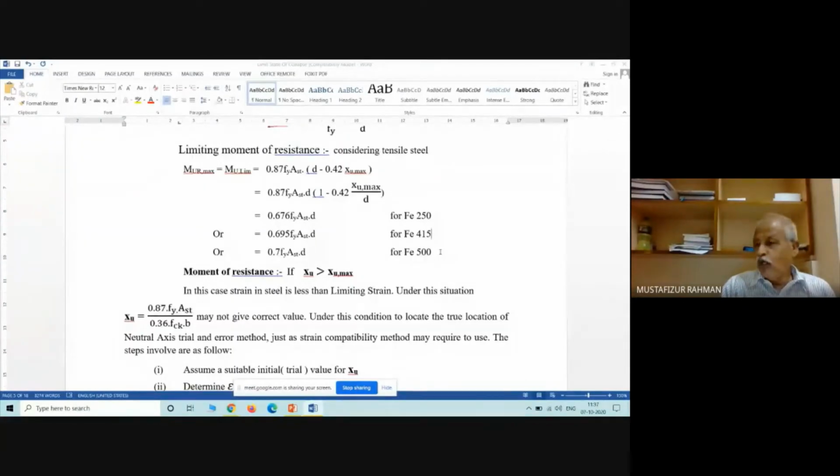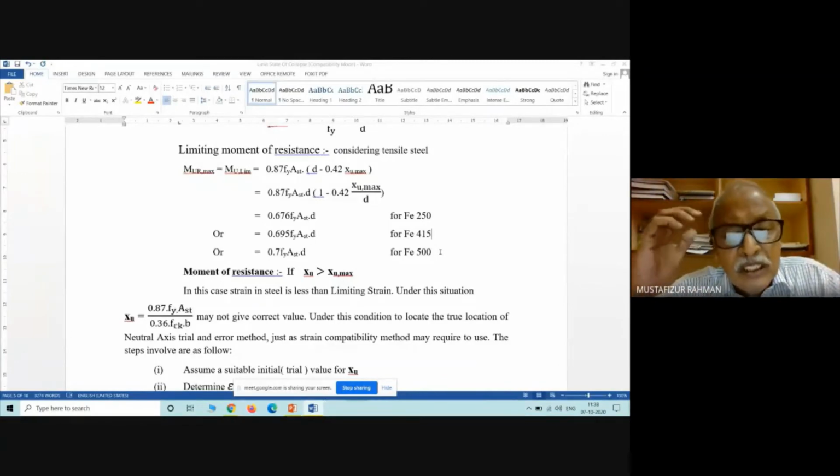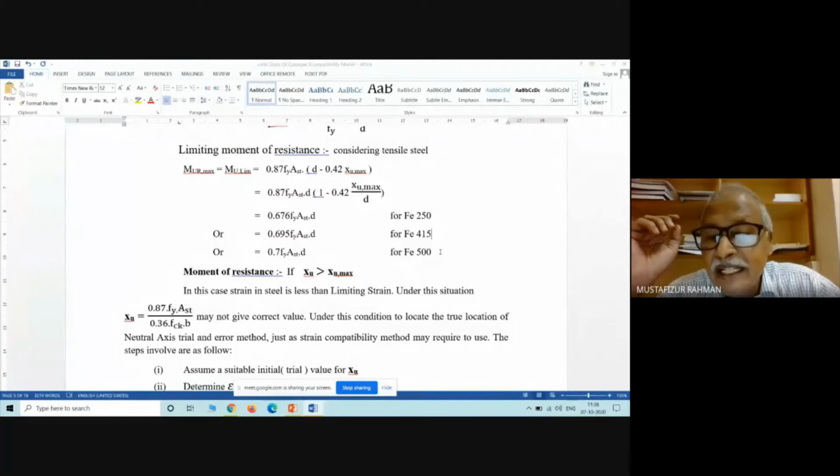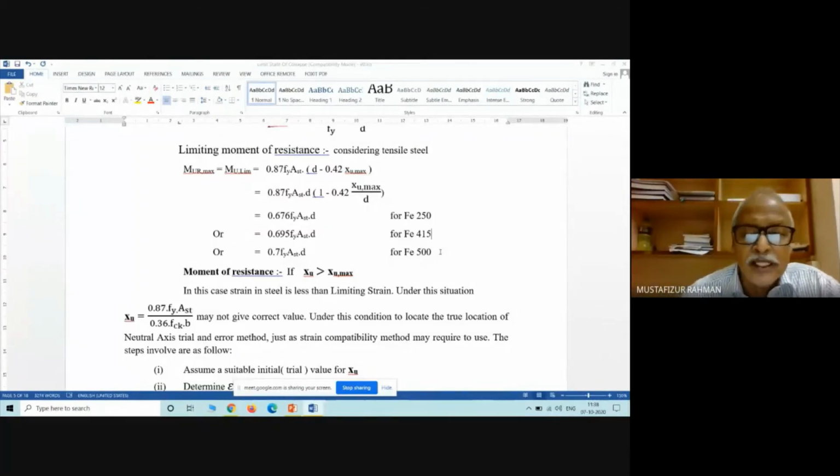Second point, we will consider XU equal to XU maximum. It means we are considering the section as a critical section. These two conditions. Now let us see what the other things are. Here you will get some consideration. In this case, strain in steel is less than limiting strain.